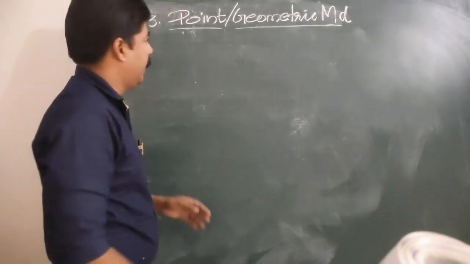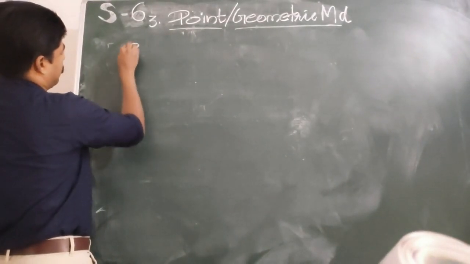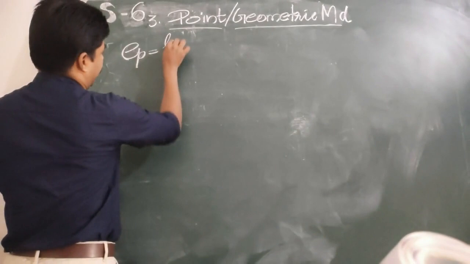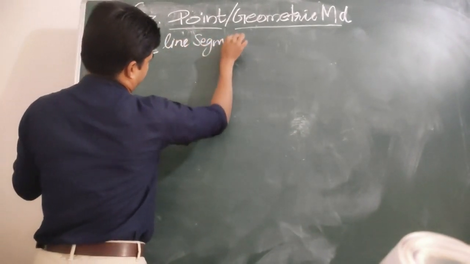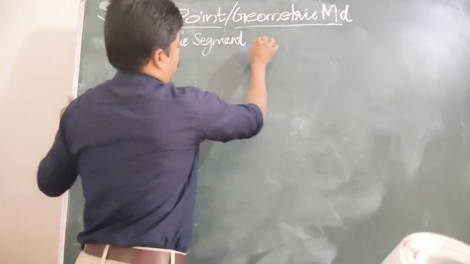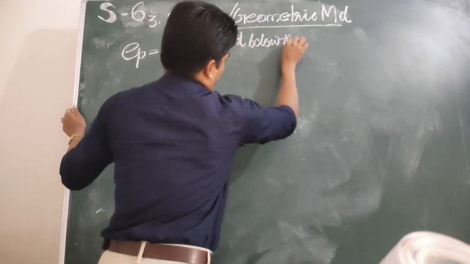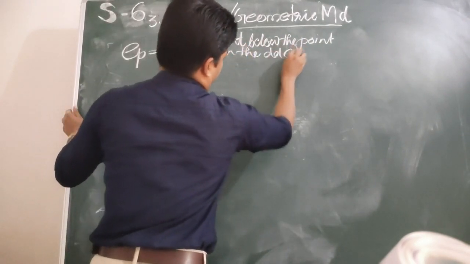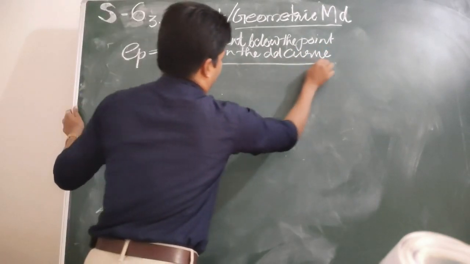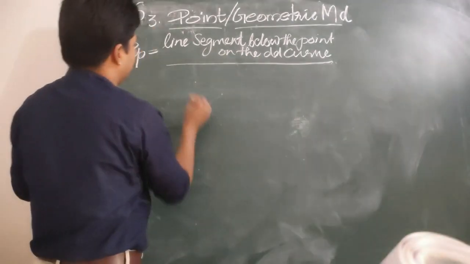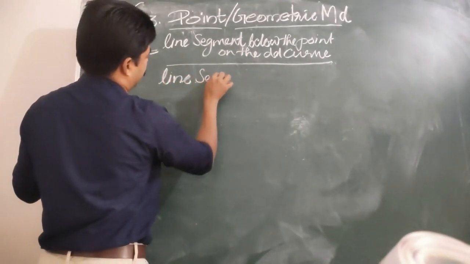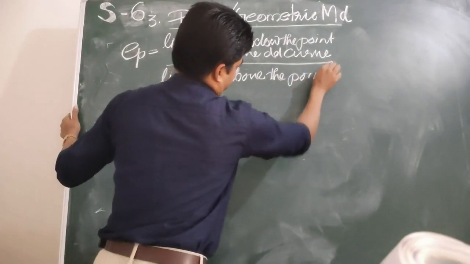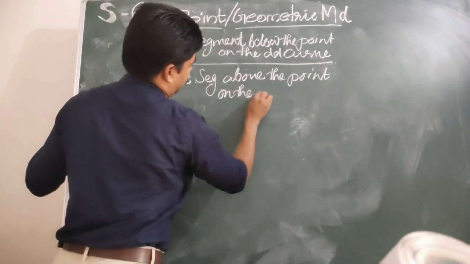The price elasticity of demand under the point method is equal to the line segment below the point on the demand curve upon the line segment above the point on the demand curve.